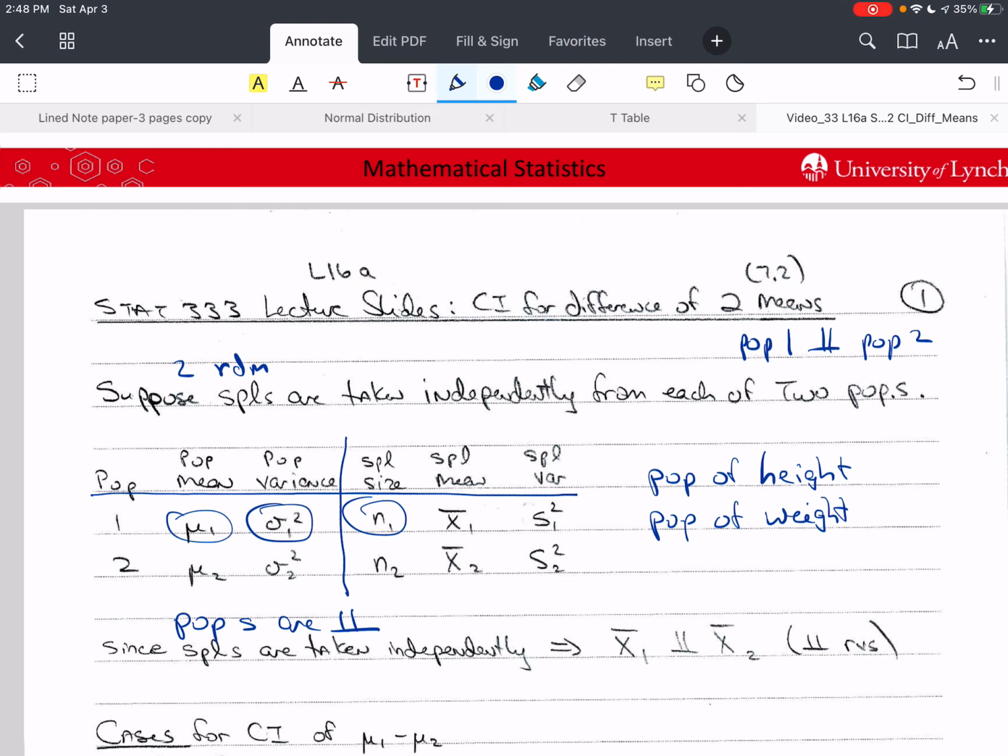Well, if the populations are independent and all the observations within one population are independent, then it's very logical that all of the observations in the second population would be independent of any and all observations from population 1. So that means that these statistics calculated from population 1 that's independent of 2, that statistic, in this case x bar, is going to be independent of the same type of statistic calculated from that other population because the populations are independent. So these are independent random variables.